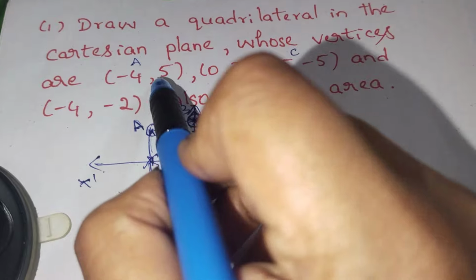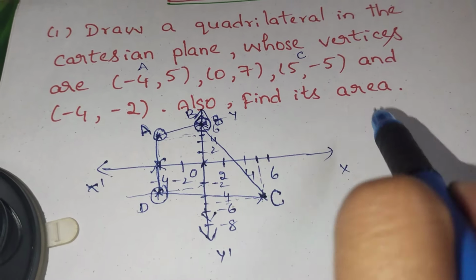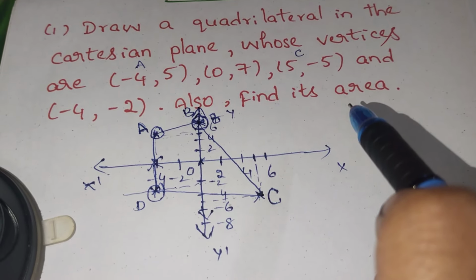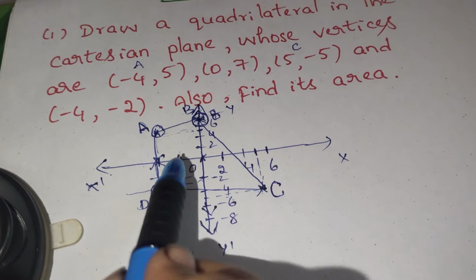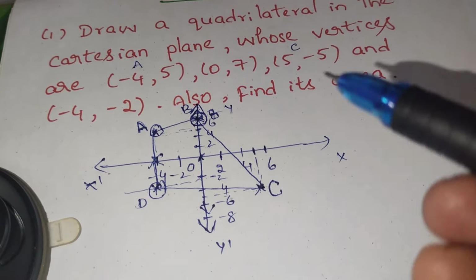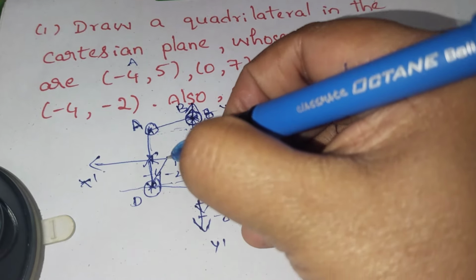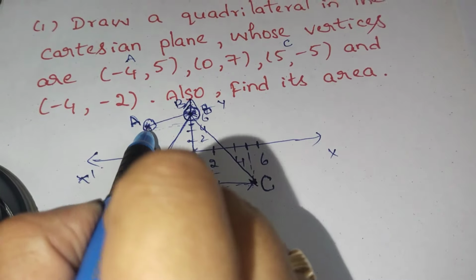So the first half of the question is over. Next what they are asking, find its area. So before going to tell about the area of the quadrilateral, I will divide this quadrilateral into two parts. Suppose I am taking a line of this.